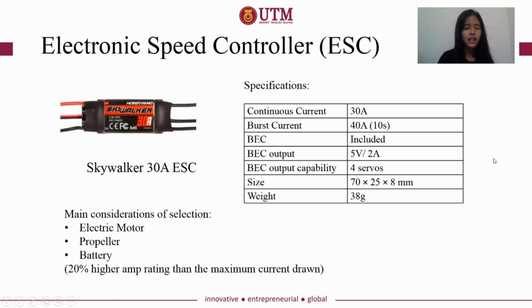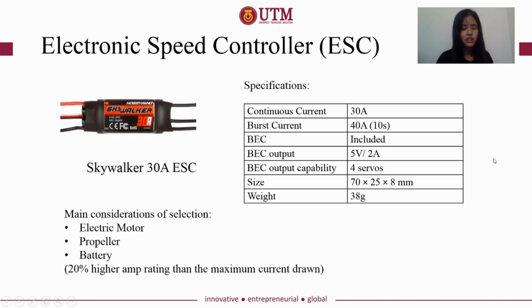Next is the electronic speed controller, ESC. A Skywalker 30 ampere ESC is chosen, where the specification is as shown. The main consideration of selection is that we need to ensure the ESC is able to support and work well with the electric motor, propeller and battery.